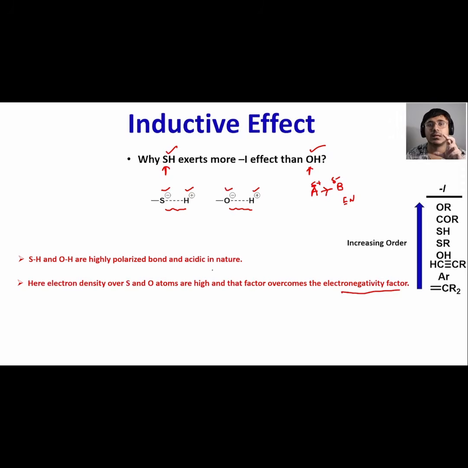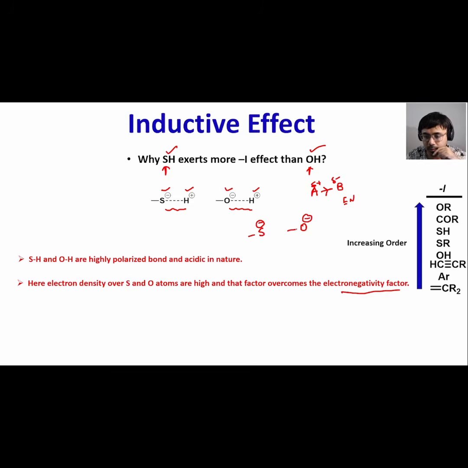That means the inductive effect of the thiol and OH groups will not be judged based on the electronegativity of the sulfur and oxygen atoms, but on how much electron density is on sulfur and oxygen. Based on this factor, the plus I effect or minus I effect of these two groups will be judged.